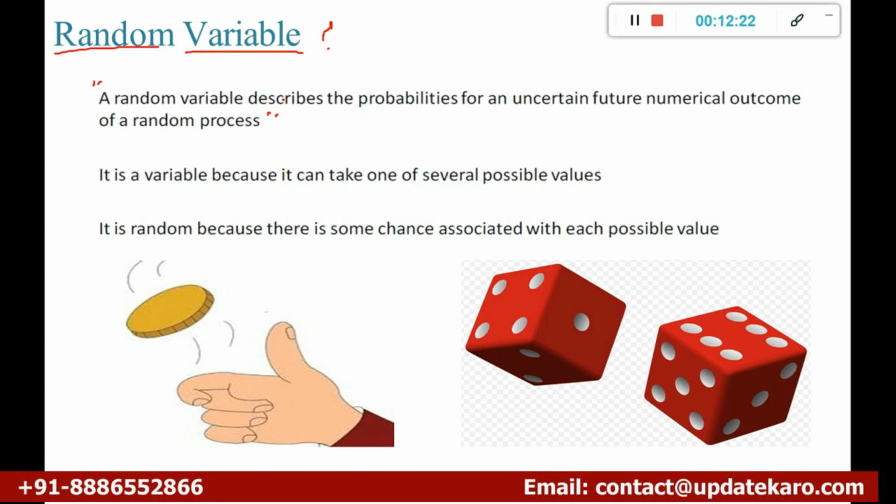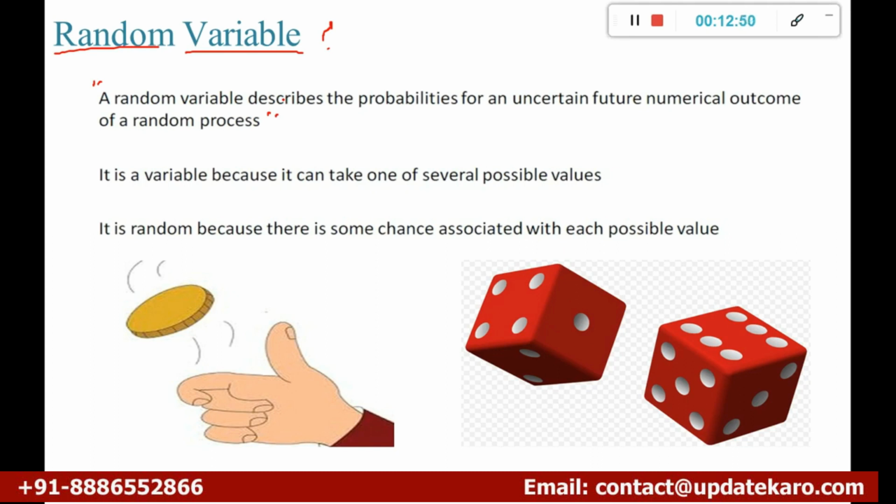How many coronavirus patients will there be in future? Will they be 20 lakhs? Will they be 5 million? Will they be 100 million? We don't know. That is a future numerical outcome. But of a random process, so how to define that?